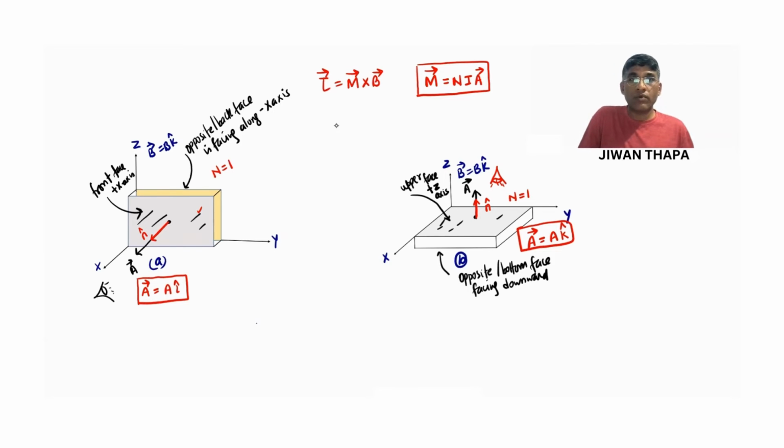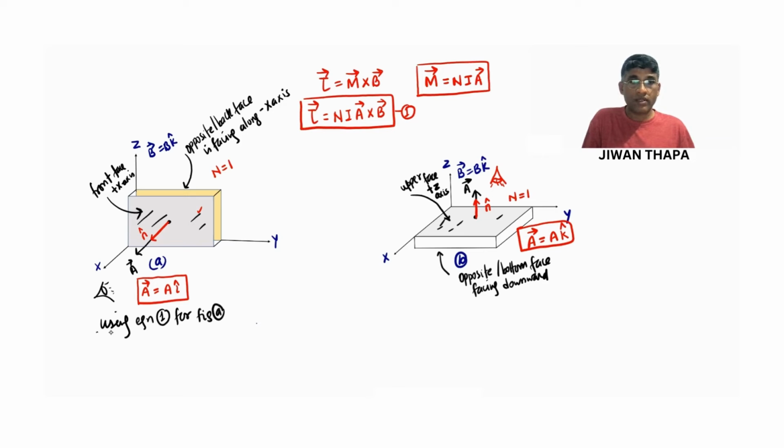Now, torque tau equals n I area vector cross magnetic field. Let us call it equation 1. Now we are going to use equation 1.